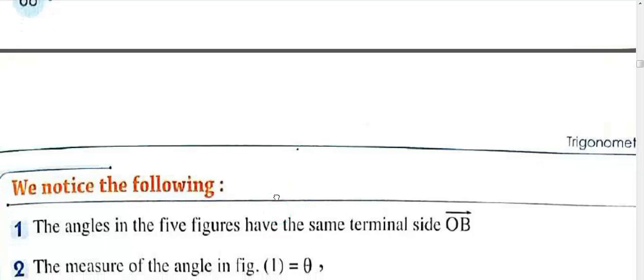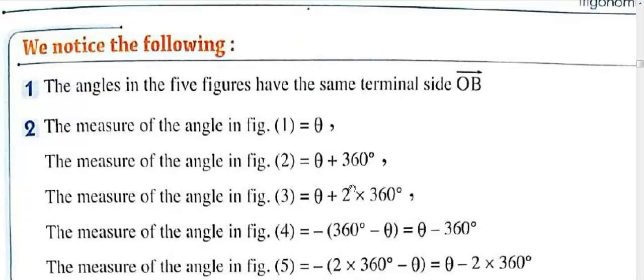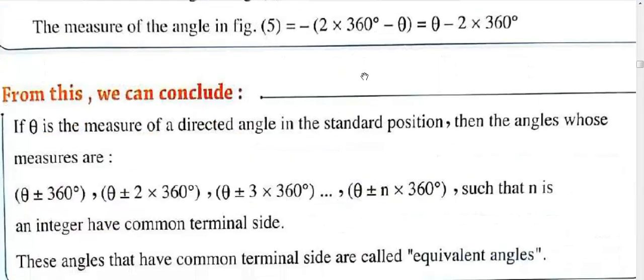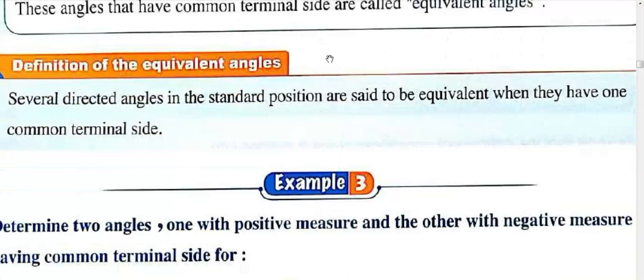How can we find them? By adding 360 or twice 360 to these angles. The angle will be positive or negative. We will use this equation to solve it.